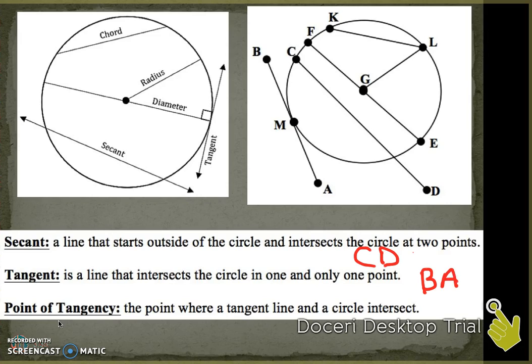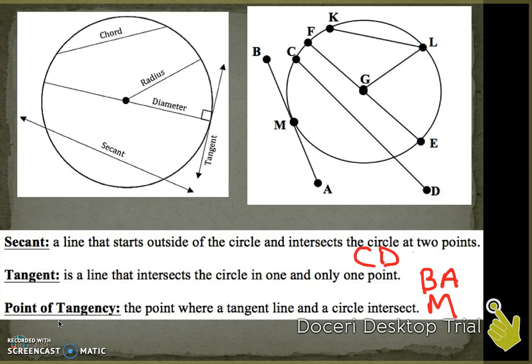And where the ball is touching the ground, that would actually be called the point of tangency. So BA is tangent to circle G at point M. So point M would be our point of tangency. So those are the new definitions. There's some examples of them there.